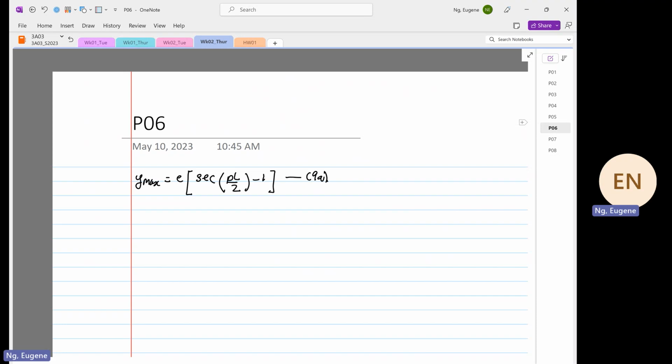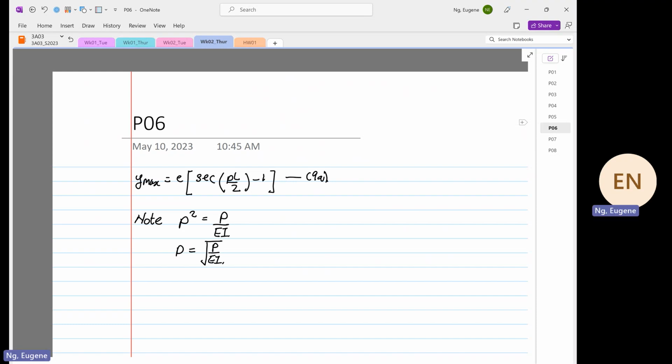So as we know, small p squared is equal to big P over EI. Big P, the capital P, is the axial load. So p on its own will be equal to square root of big P over EI.